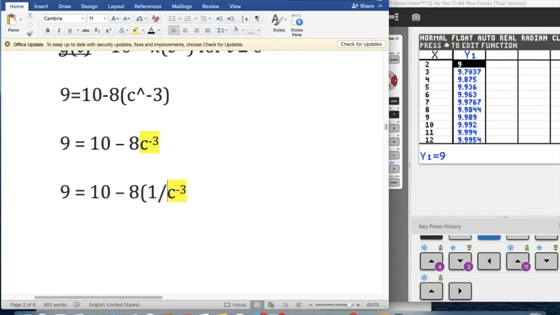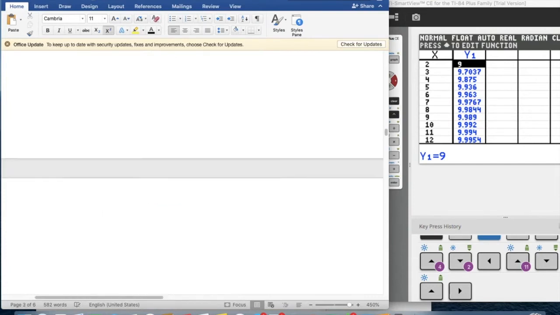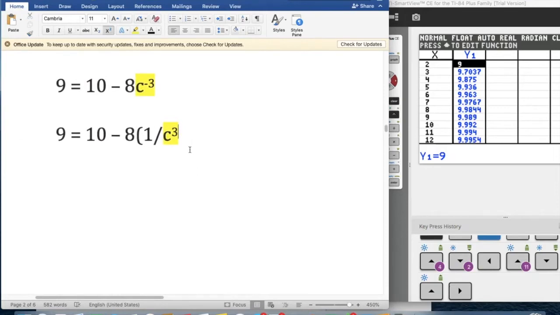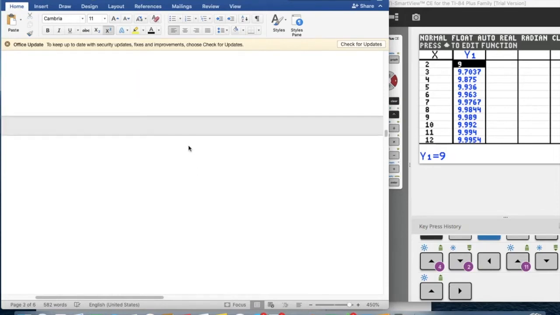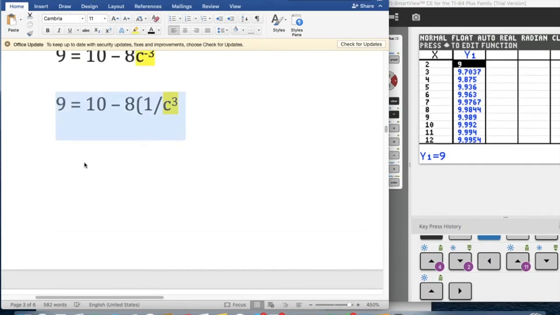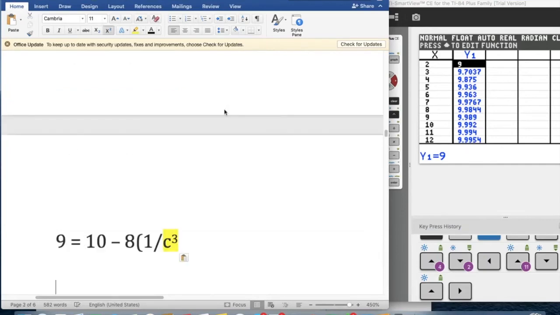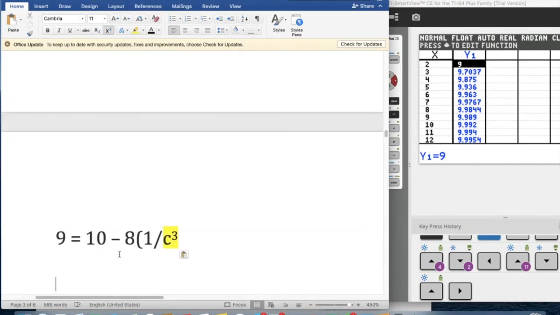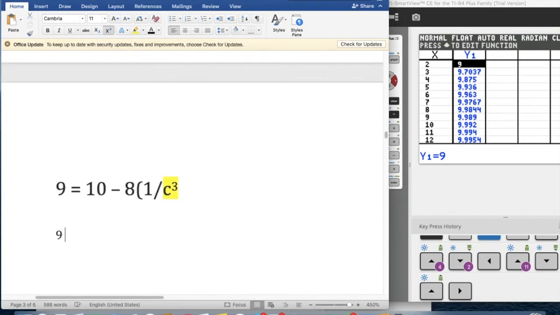So this would be 1 divided by c to the power of 3. Now we have to make c the subject of the formula. The way we're going to do that is expanding the brackets. 9 equals 10 minus 8, because we're going to do 8 times 1 divided by c to the power of 3.